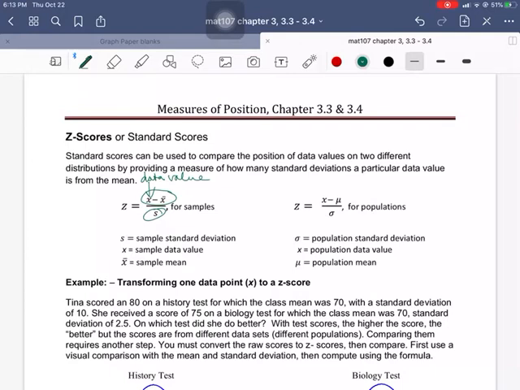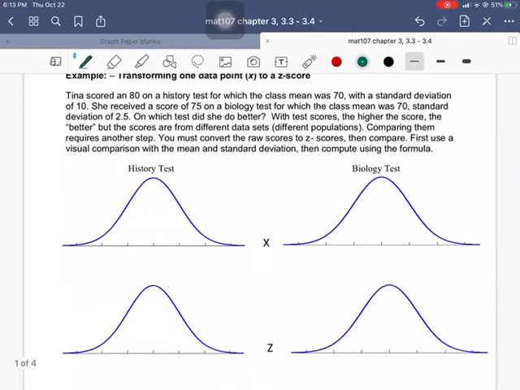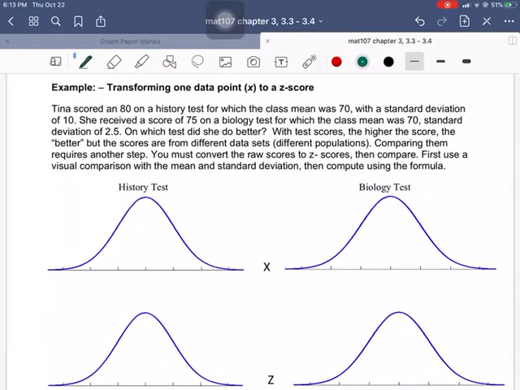If it's a population, it's the x data value minus mu, the population mean, divided by sigma, the population standard deviation. Again, we are transforming one data point into a z-score, so we can glance at it and say a z-score of 2.5 is 2.5 standard deviations from the mean.